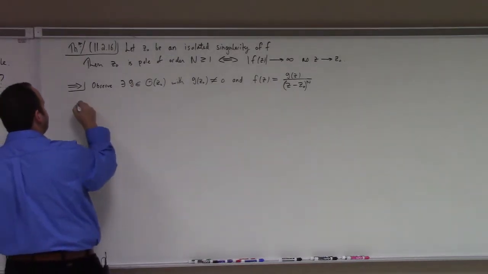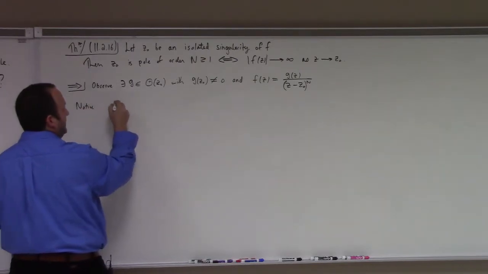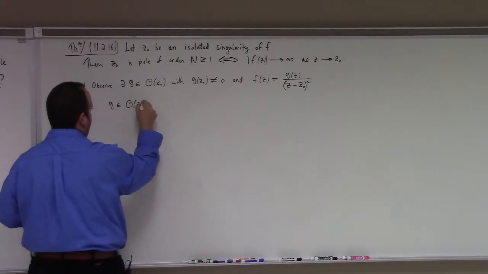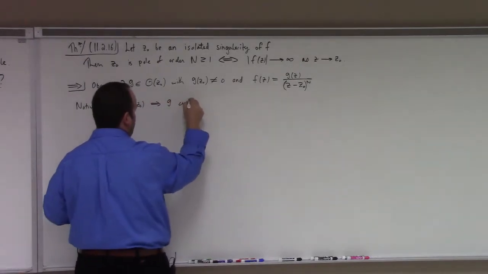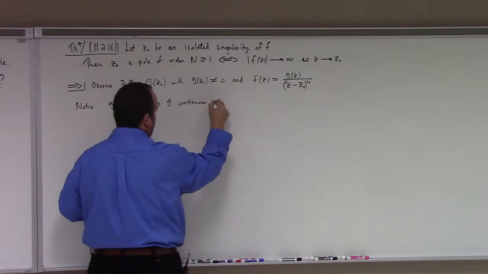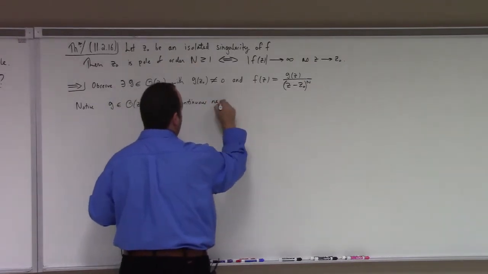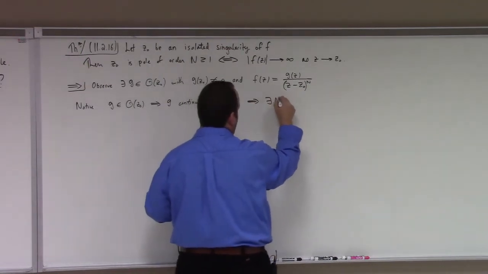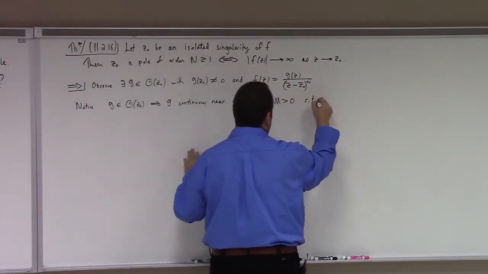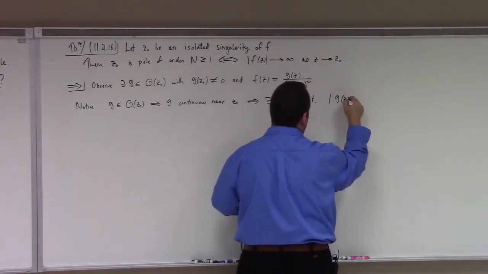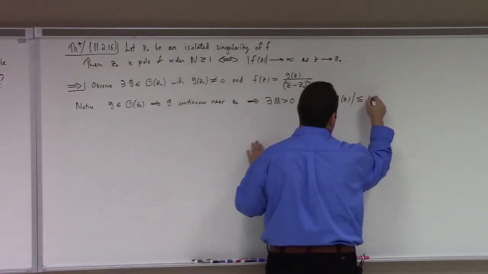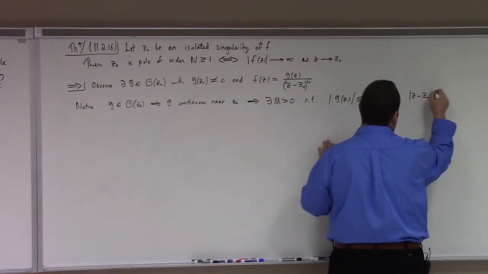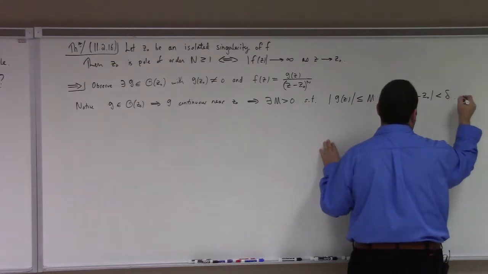Notice g of z, g holomorphic at z naught implies g continuous near z naught, right? Which implies that there exists m greater than 0 such that we can bound the modulus of g of z, for modulus of z minus z naught less than some delta, right?